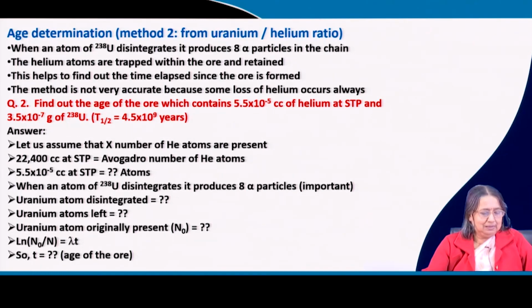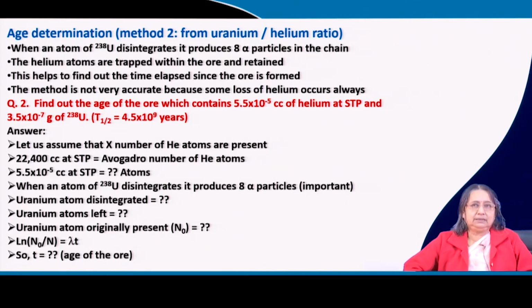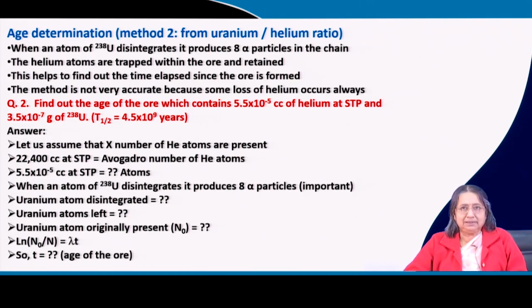So in terms of atoms you have to calculate. Then finally, this is the equation that you have to use to find out t. Lambda is known because T half is known, N is given, and N0 you have to find out. N0 means how much is present now plus how much has disintegrated.